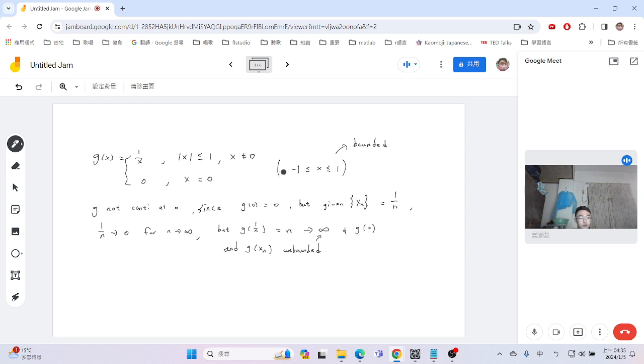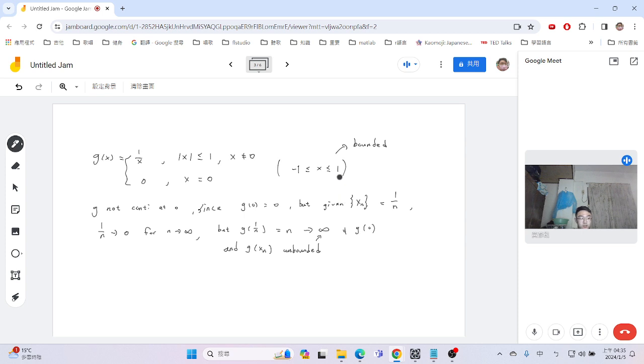The function g of x equals absolute value of 1 over x, and g of 0 is defined as 0. And the domain of this function is the closed interval negative 1 to 1.